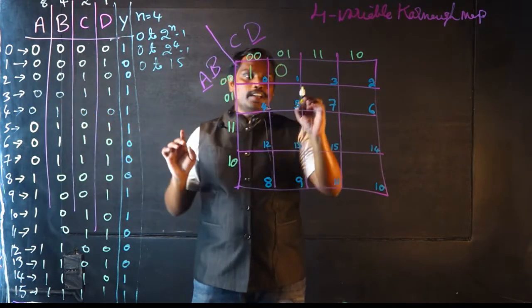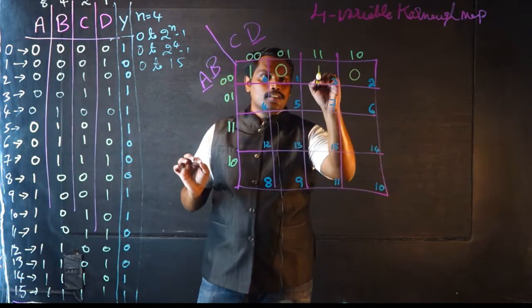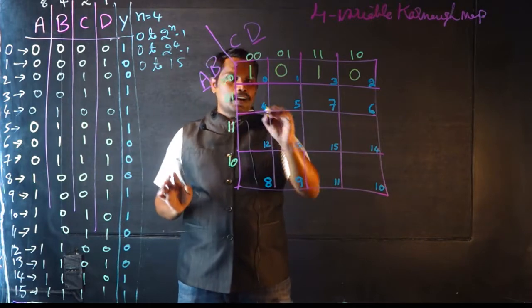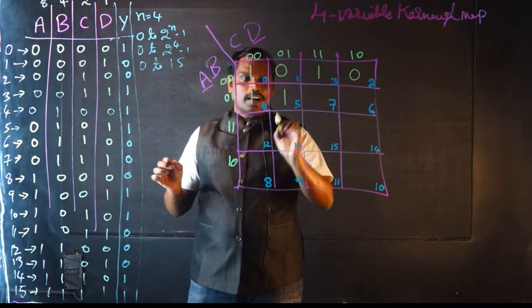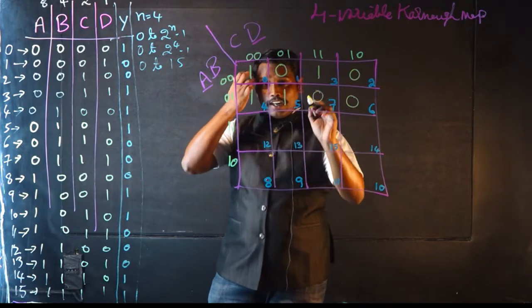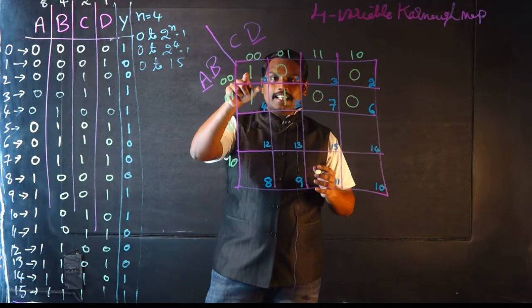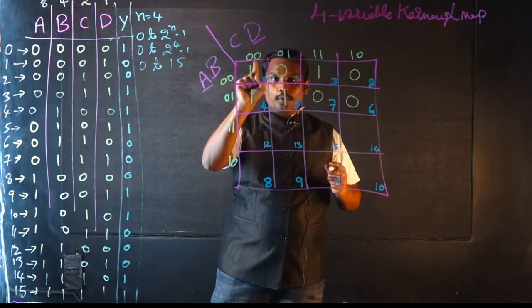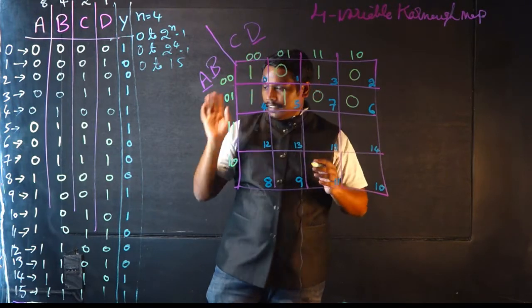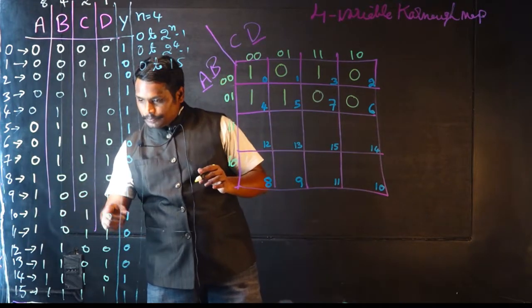For 2 it is 0, for 3 it is 1, for 4 it is 1, for 5 it is 1, for 6 it is 0, and for 7 it is 0. So you understood how to place these zeros and ones, which are generally called high, low, true, false. This is how you represent all the zeros and ones.